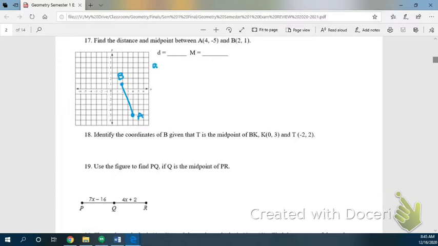For the distance, you'll use the Pythagorean theorem. A squared plus B squared equals C squared. To do that, you'll need to draw a right triangle. This length is 2. This other length is 6. When you do 2 squared plus 6 squared, you get 4 and 36, which is 40.